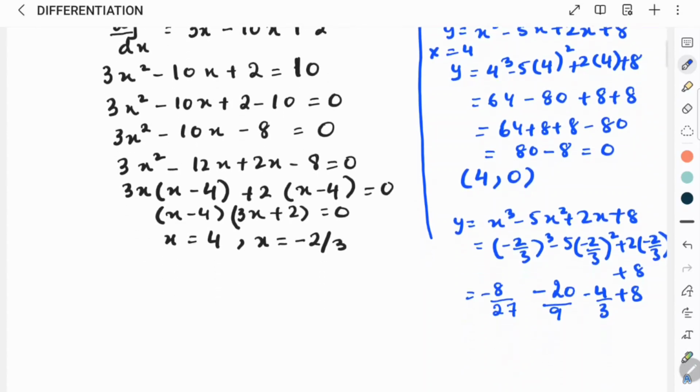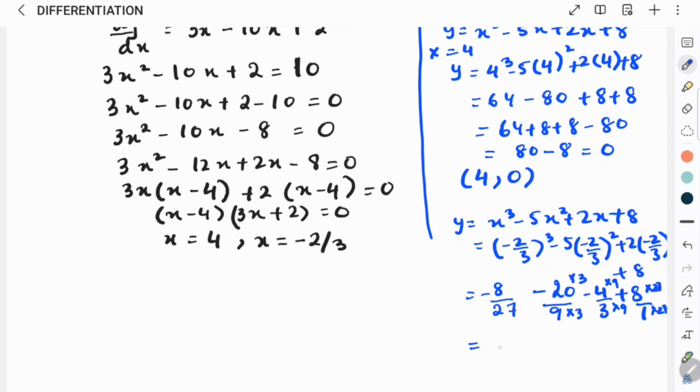If the calculator is not allowed, here the calculator is allowed, but if you need to do it without the calculator, take the LCM, LCM is 27. For that you need to multiply this by 3, this by 9, and this by 27.